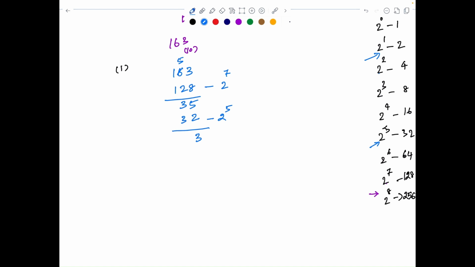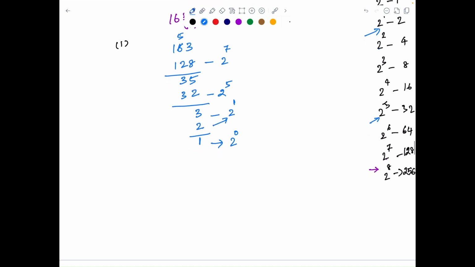But definitely I have 2, so I have 2 power 1 here. That is 2. Then 3 minus 2 leaves 1, so I also have the 2 power 0 representation here. Is that clear? Anything power 0 is 1.